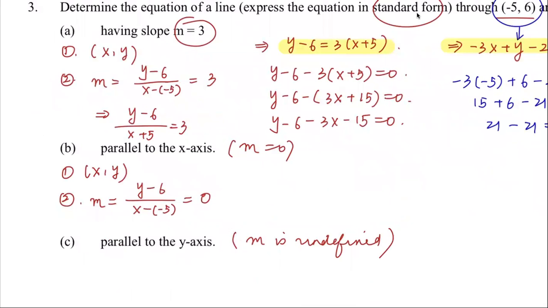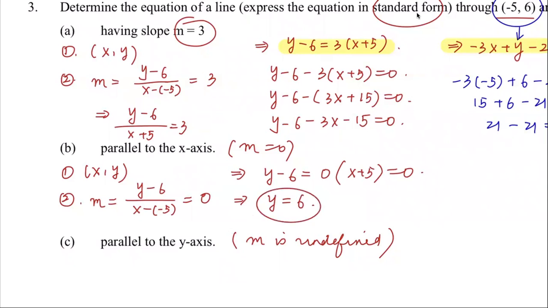So this gives us y minus 6 is equal to 0 times x plus 5, which is equal to 0, because anything times 0 is equal to 0. So this gives us y is equal to 6. So this is the expression of the straight line.